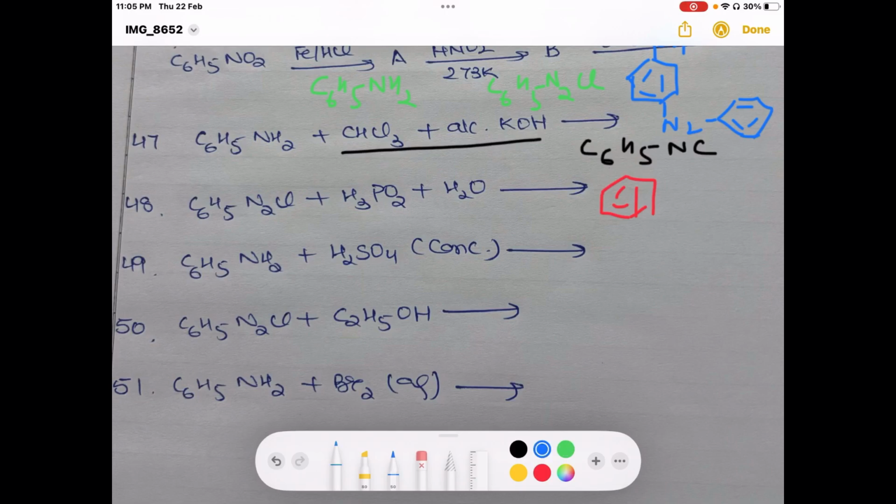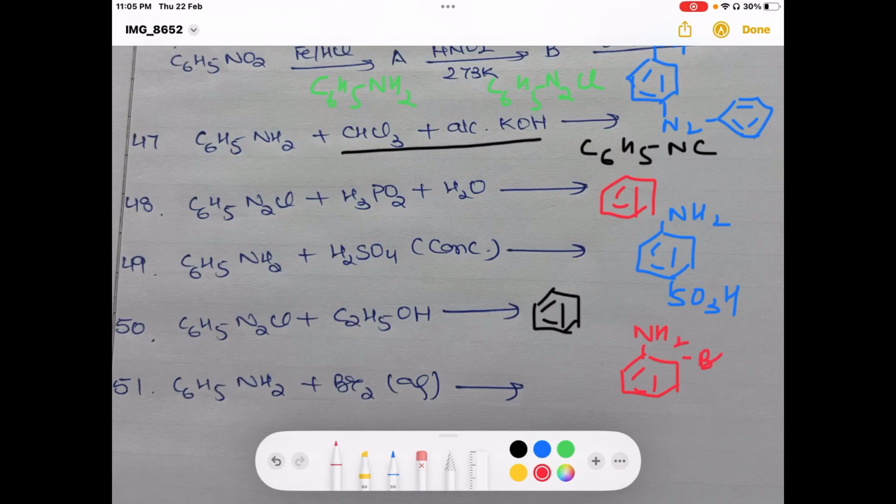C6H5NH2 with sulfuric acid results in the formation of sulfanilic acid. SO3H comes here. Then benzene diazonium chloride with ethanol gives benzene. Aniline with bromine water: the NH2 group is a highly activating group, so it gives 2,4,6-tribromoaniline. Trisubstitution takes place here.